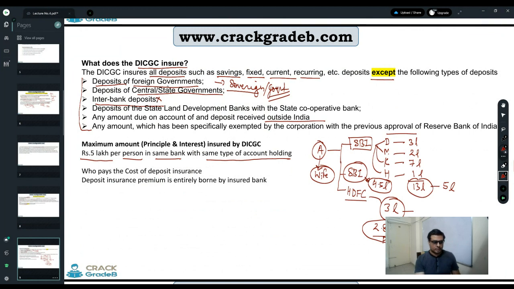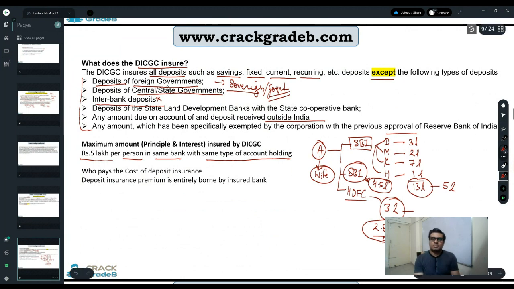That is why it is written here: 5 lakh per person in the same bank with the same type of account holding. If the account holding changes, even in the same bank, that account is insured separately, right? If the bank is changed, then definitely that deposit is insured separately. You have to keep this in mind.